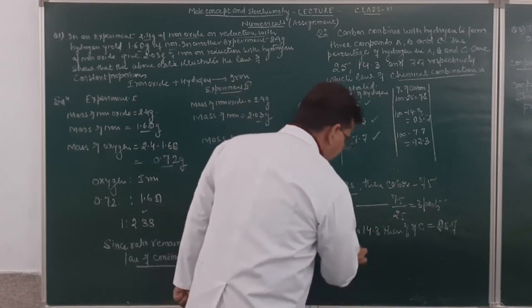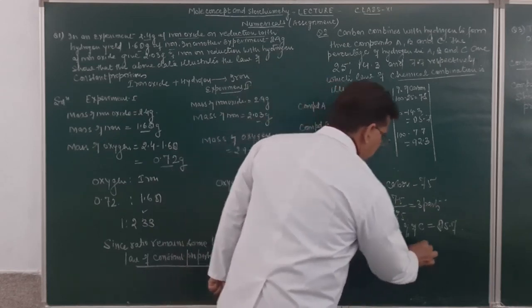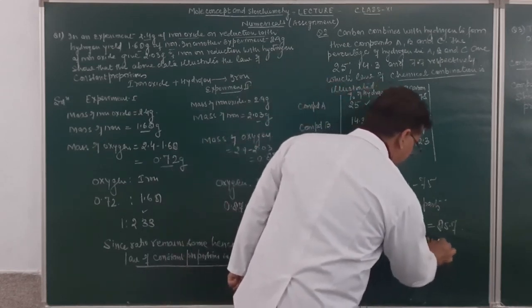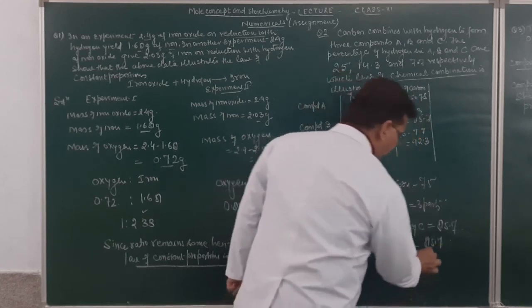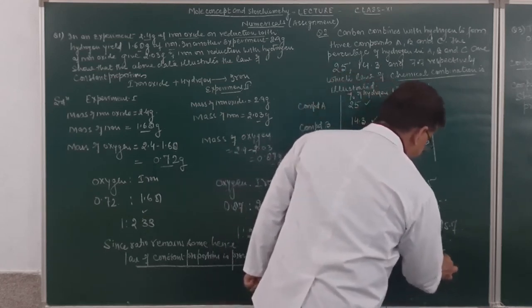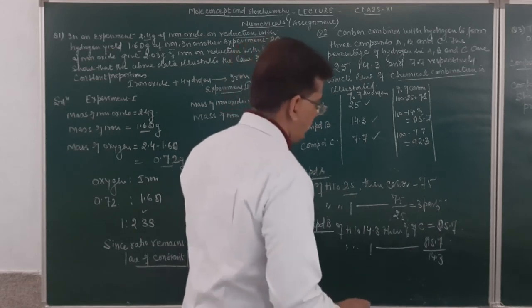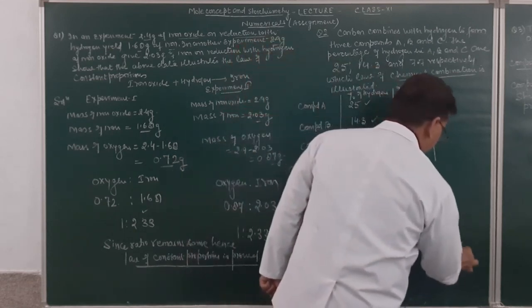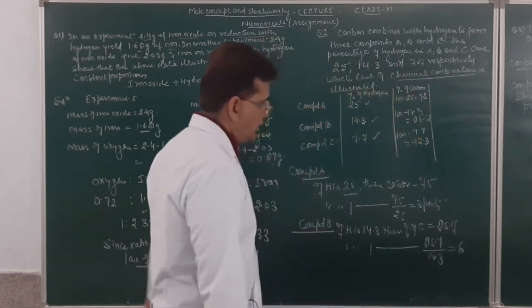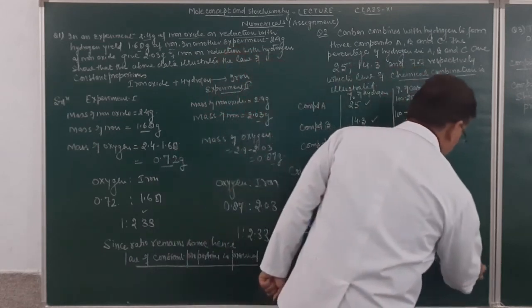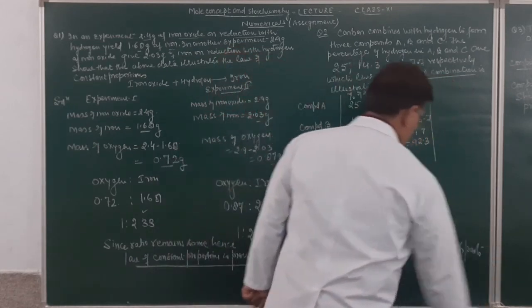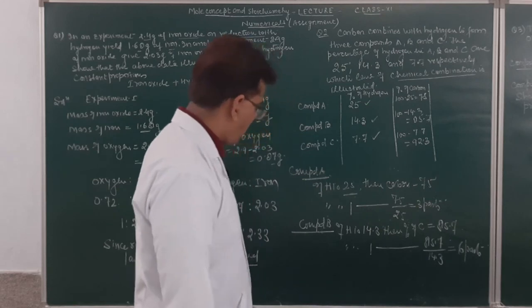If it is 1, then this will be 85.7 divided by 14.3. And this will be approximately equal to 6. Or I must say over here, this will be 6 parts. Am I getting clear or not?